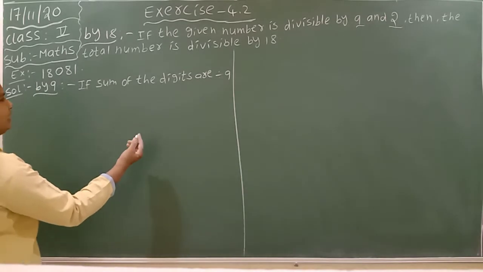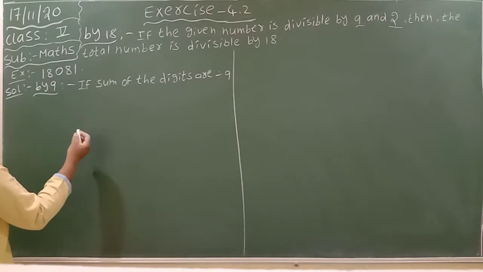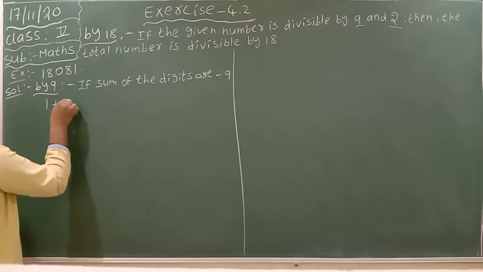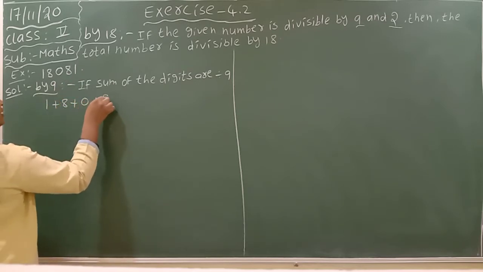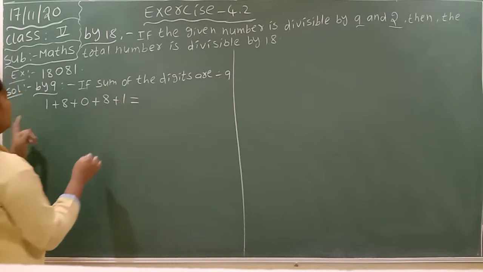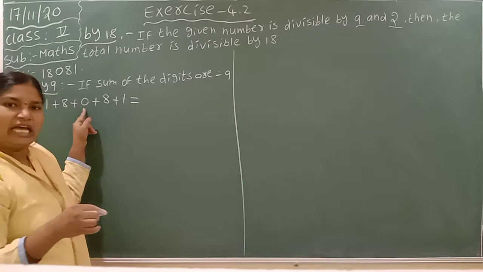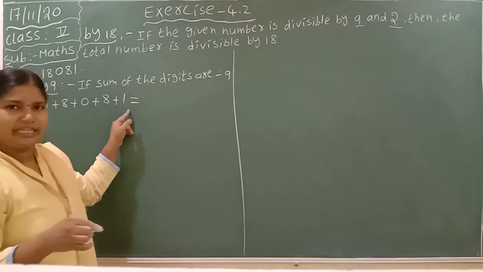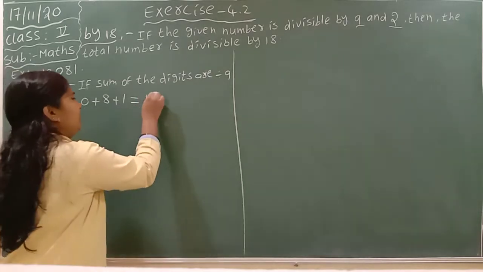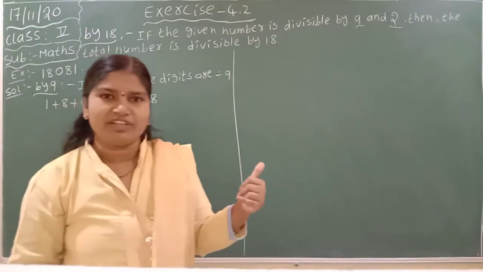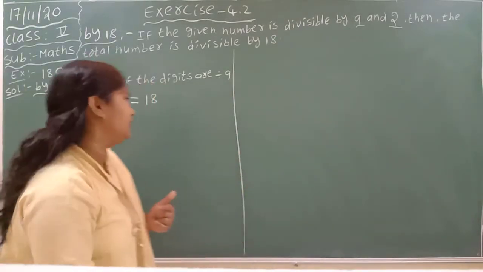Sum of the digits means you can write down 1, 8, 0, 8, 1. 1 plus 8, 9. 9 plus 0, 9. 9 plus 1, 10. 10 plus 8, 18. So, 18 will come in the 9 table. 9 ones 9, 9 twos 18.